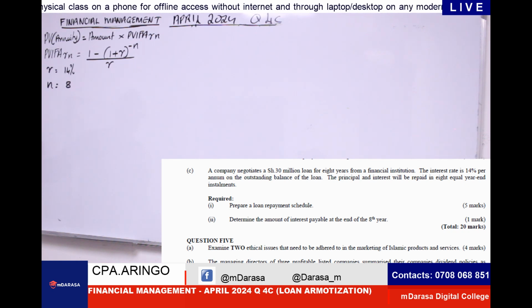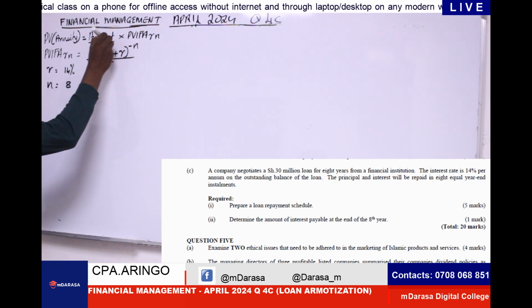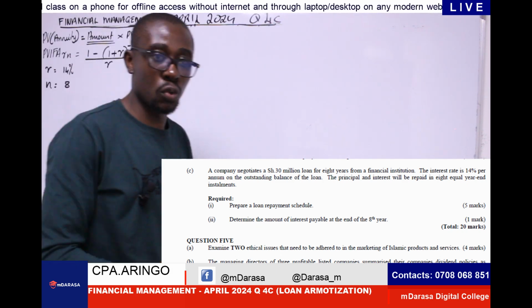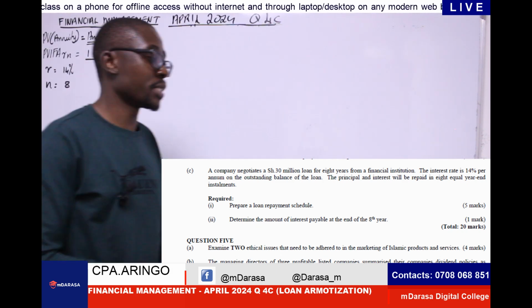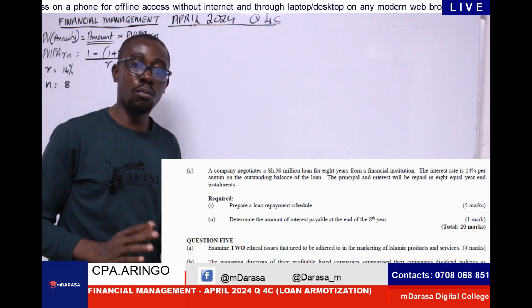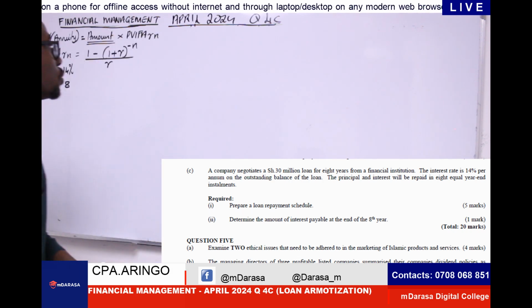Many times you'll find that you are required to determine the amount that this person will be paying all through, and that is the installment component. Remember, the installment component will consist of both the interest and the principal value. That is very important for you to note.